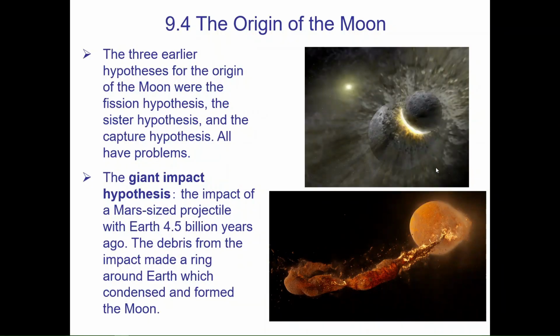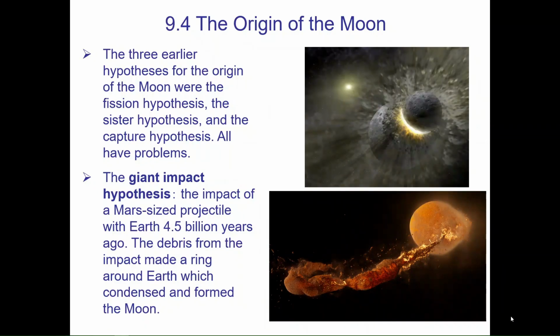At the very beginning, there were 3 early hypotheses for the origin of the moon. The fission hypothesis means that the moon used to be one part of Earth, but later on it somehow became independent. However, recent calculations show that this sort of spontaneous splitting is almost impossible without any external force.